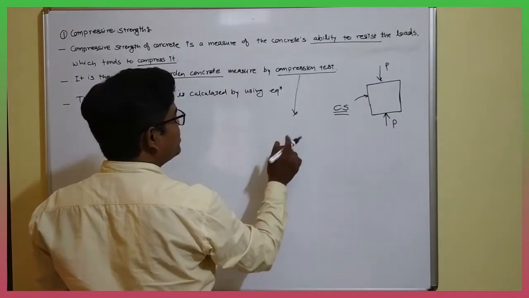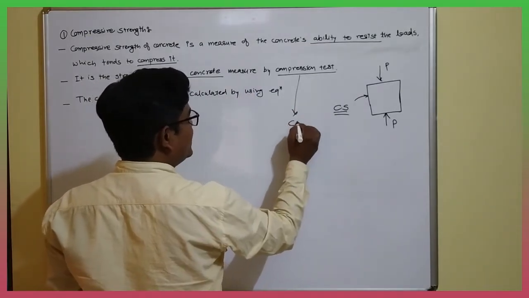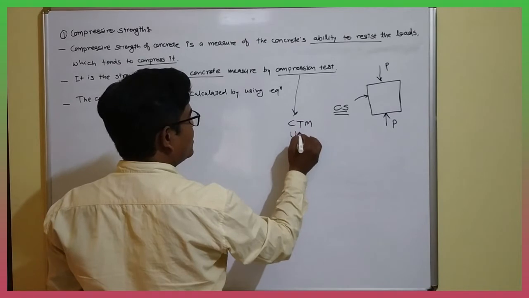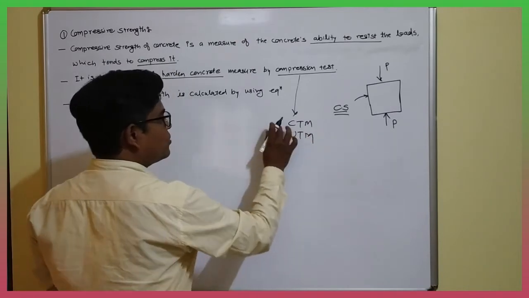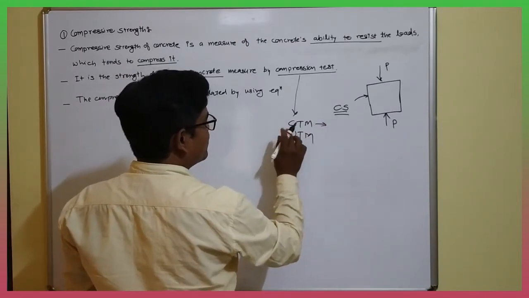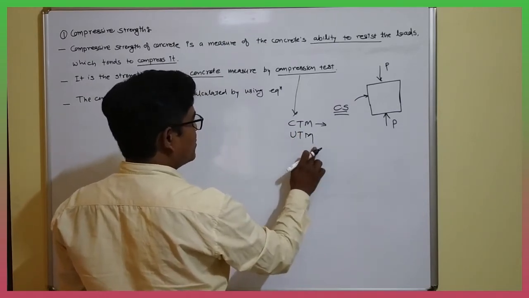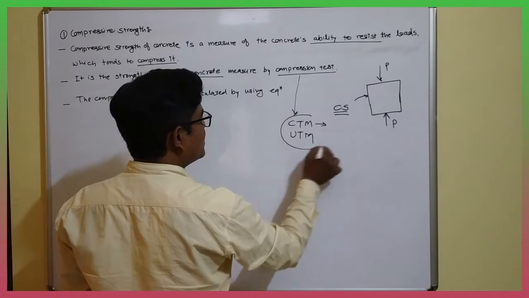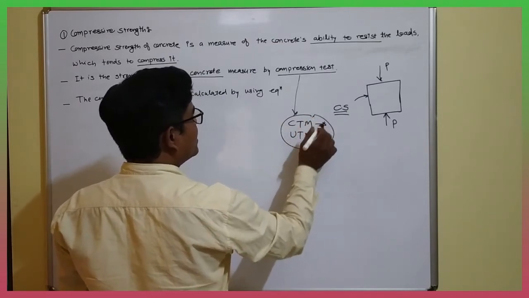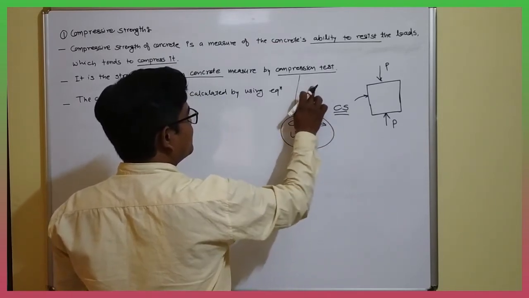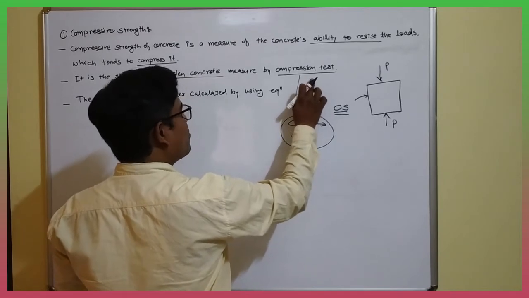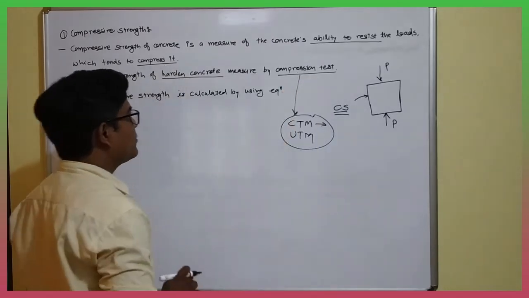To measure the compressive strength we can use CTM or UTM. CTM is the compressive testing machine and UTM is the universal testing machine. So by using this equipment we can measure the compressive strength of the concrete.